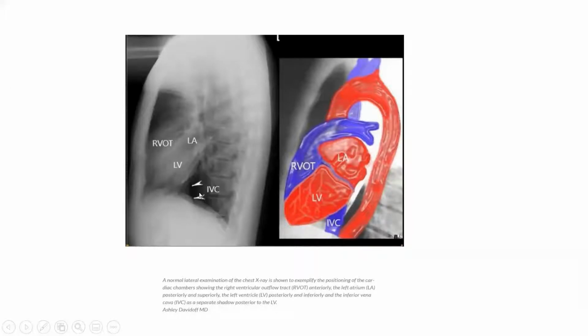You can also judge about enlargement of the LA by how much it moves to cover from this space, and of the RV enlargement by how much it covers from the anterior mediastinal space. So in the lateral projection, there are ways to decide about chamber enlargement, which is different than the AP/PA projection. Okay, good.